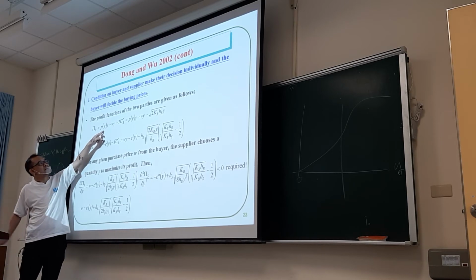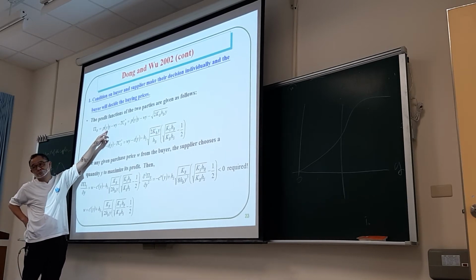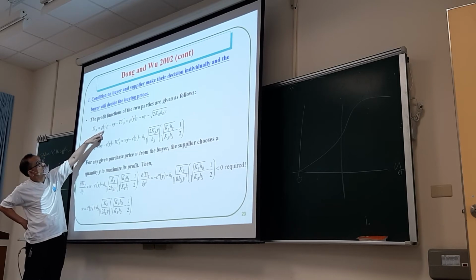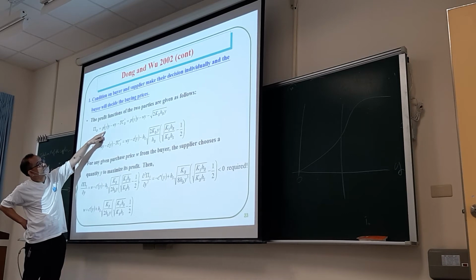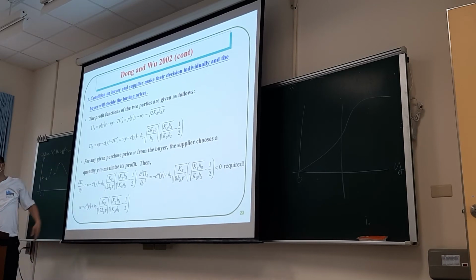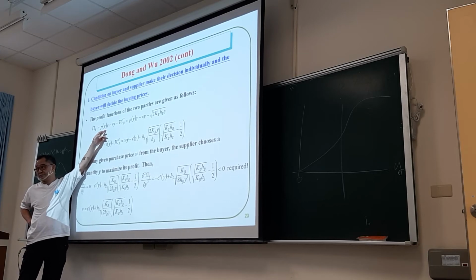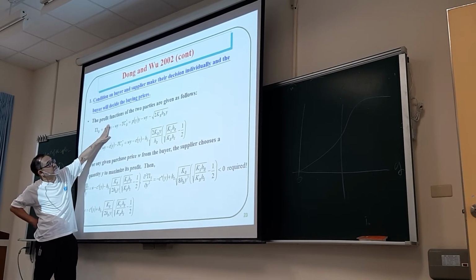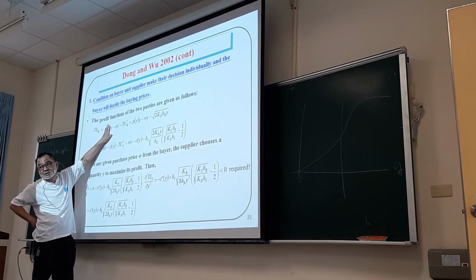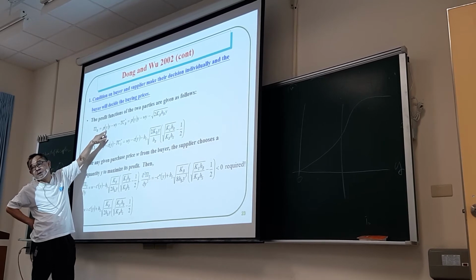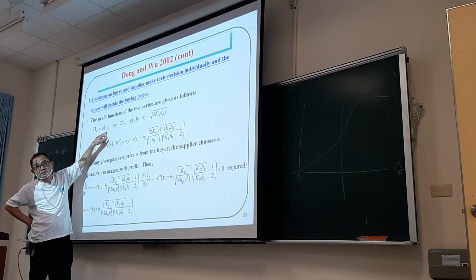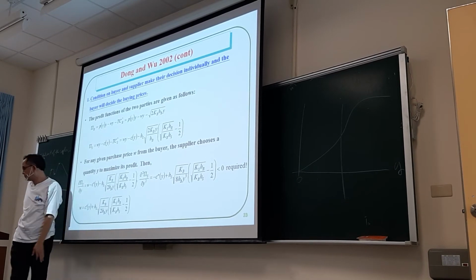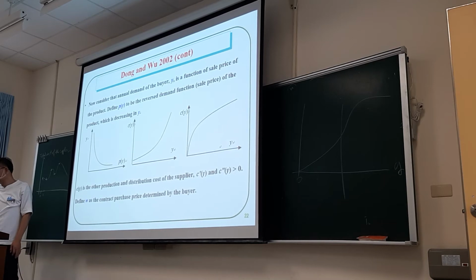For the buyer, this is the retail price. Retail price times the demand, Y is demand. But the retail price is a function of the demand, right? So this is retail price times the demand.